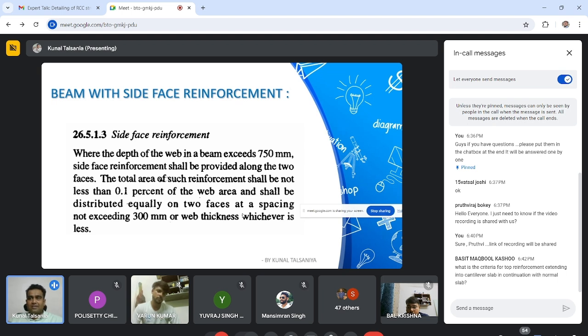Okay, now the side face reinforcement. What is the side face reinforcement? When you have a beam depth greater than 750 mm, you need reinforcement on the sides. The code has given the criteria: 0.1 percent of web area, and the spacing between two bars shall not exceed 300 mm.